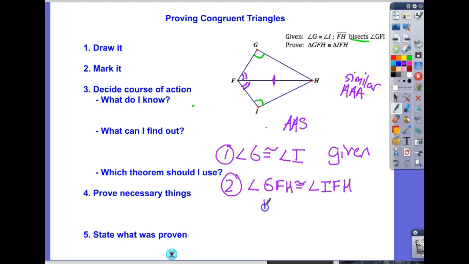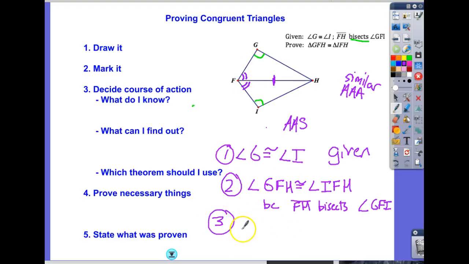And that is because FH bisects GFI. And since this bisects this angle, these two are congruent. That's why I can say that.